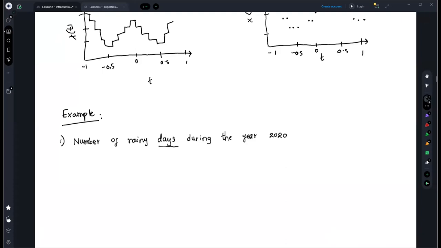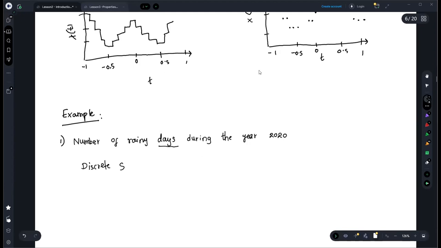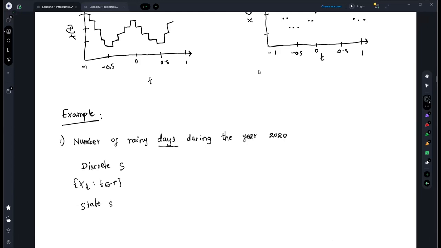Discrete T and discrete S. Okay, so let's see. Discrete S is correct. Why? Because we are counting, right? Number of rainy days. So X_t, the state space, number of rainy days, right?